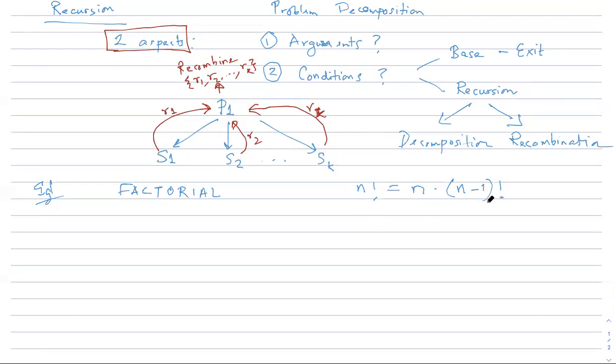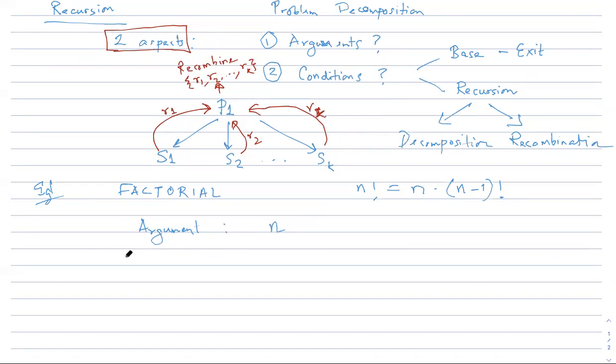So you can see that there is a recursion inbuilt within the definition of the factorial function. Therefore, we will just follow this strategy. The first question we have to ask is, what is the argument for a factorial function? What does a factorial function take as argument? N.